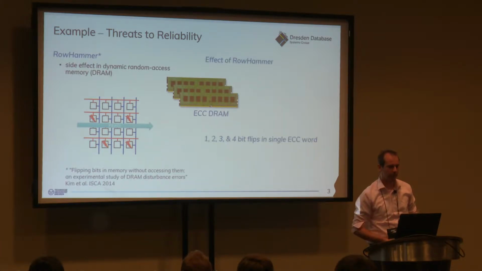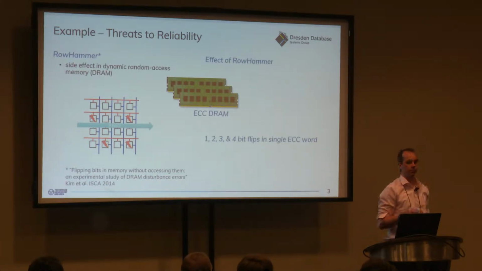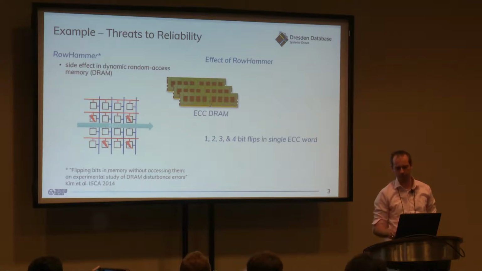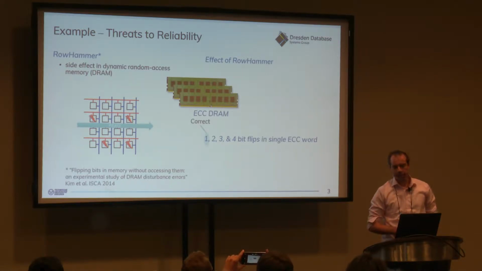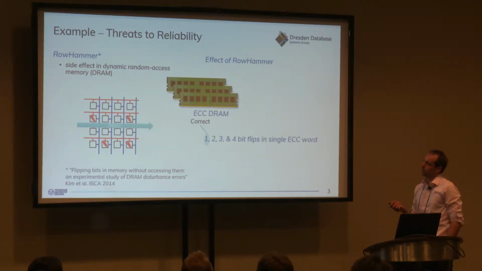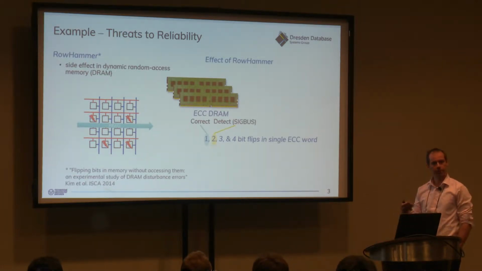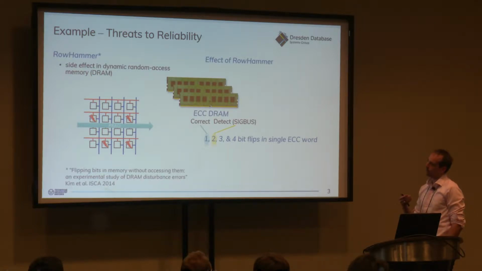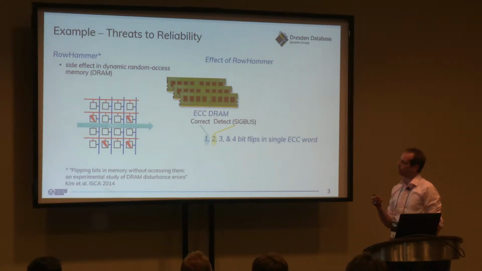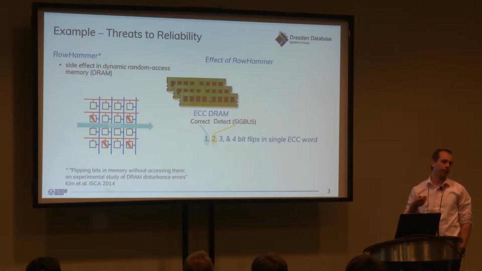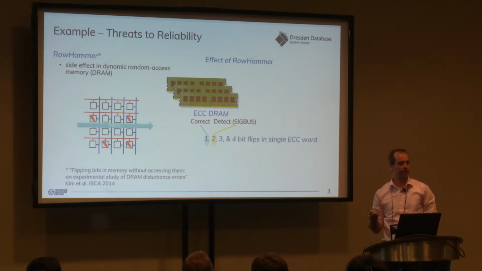In their paper, they showed that they found up to 4 bit flips in a single ECC word. ECC DRAM works so that it can correct a single bit flip. It can detect a double bit flip, but then, as we have seen on Monday in the demo keynote already, the memory will send a SIGBUS signal, and typically we don't catch this signal, and it will just kill our process.